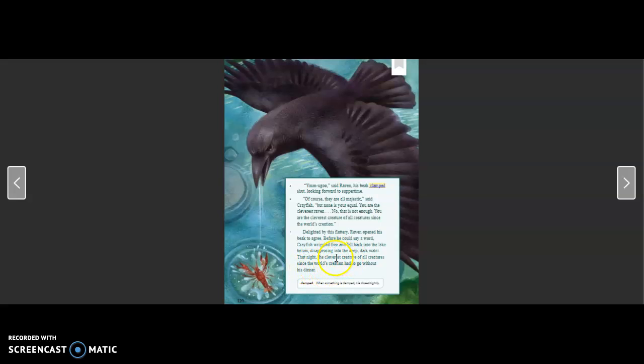So the cleverest creature of all creatures. That is describing the raven, and it is also a type of figurative language. So what is this? Cleverest creature of all creations. Alliteration.